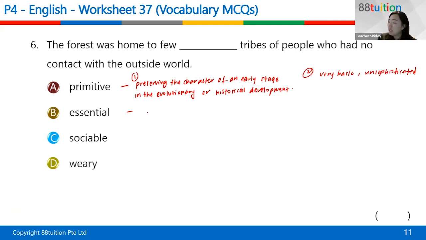Okay, now essential basically means that it's something that you really cannot live without. It's absolutely necessary. You need it. You have to have it. It's extremely important, right? So it's essential. Sociable will mean that you can socialize very well. You're very friendly. You can make friends with others very well.